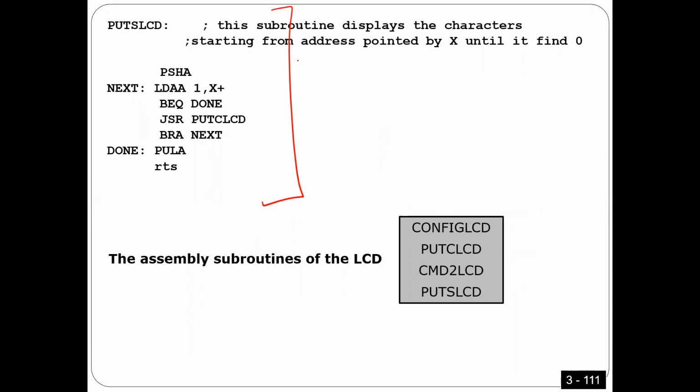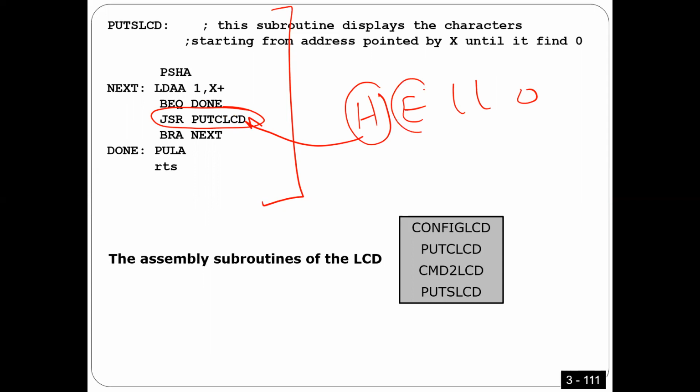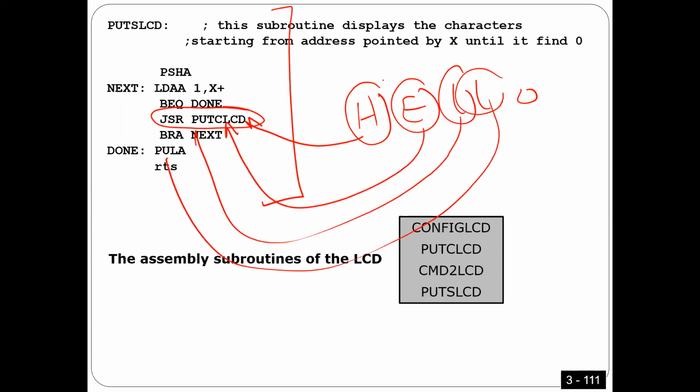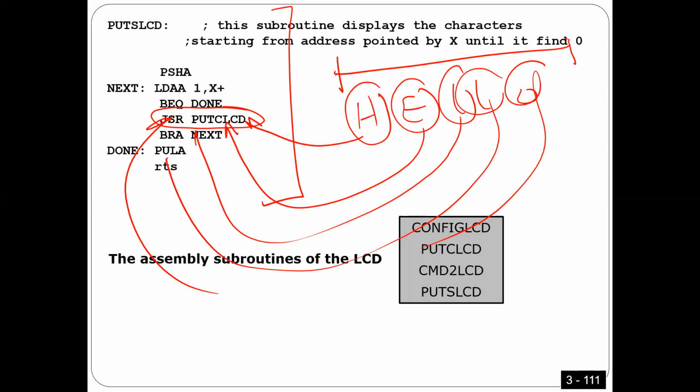Inside this put string LCD, it is going to use put character LCD multiple times. So if I have a message, hello, it's going to take this one, send it to put character, take this one, send it to put character, and so on. Is that okay? But the good thing here is I can send the whole message to put string LCD, and it is going to display everything.